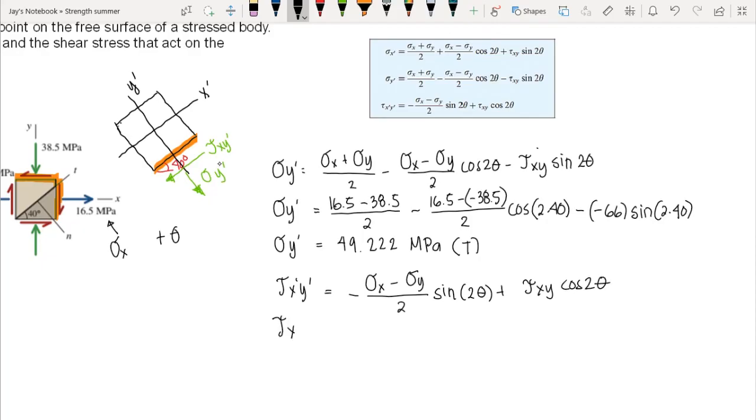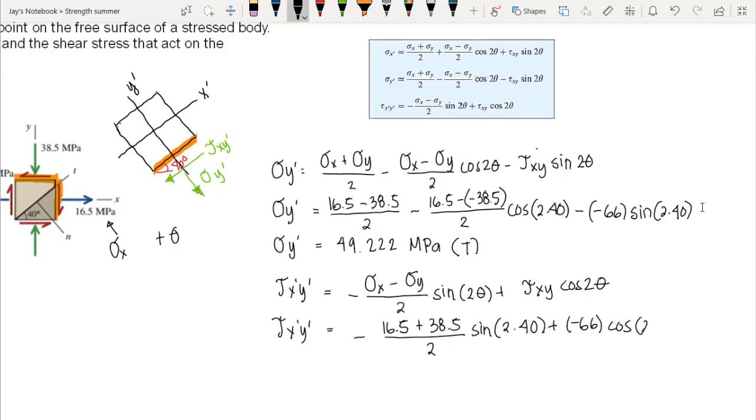We have here x prime y prime, which is equal to negative. Now our sigma x is 16.5 and our sigma y is negative 38.5, but since again we have a negative here, that would give us positive 38.5 over 2 sine of 2 times 40, we still have a positive angle, plus, now again we have negative shear stress, plus negative 66, then cosine 2 times 40.